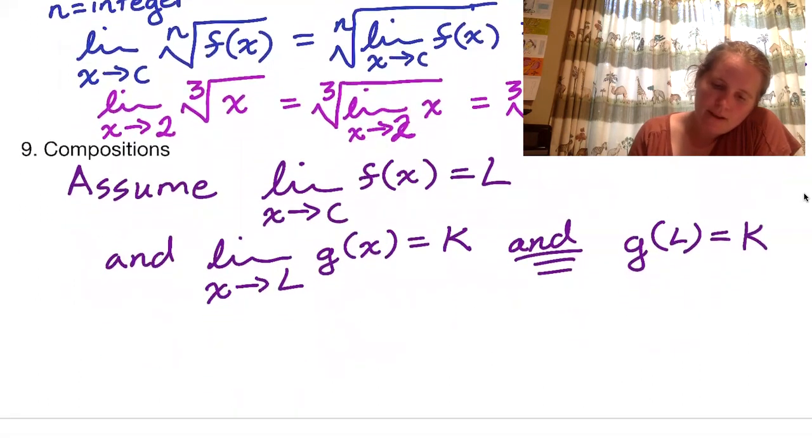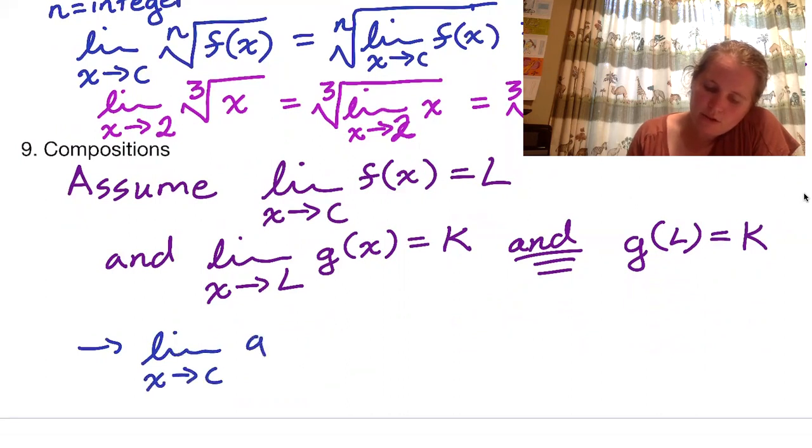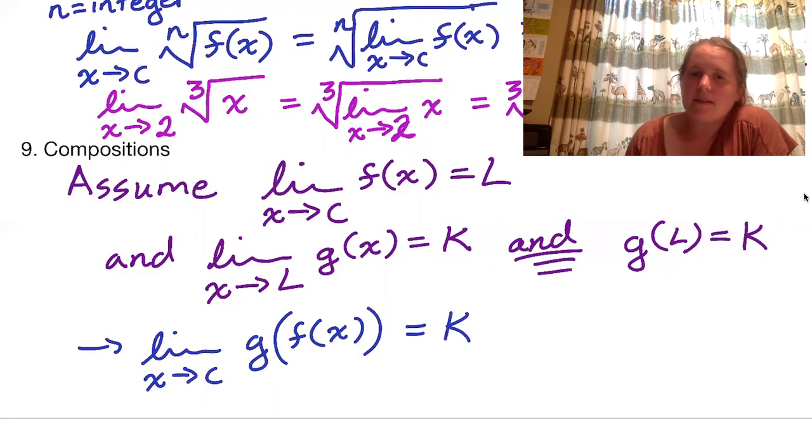Then what we wind up getting is that the limit as x approaches c of g of f of x is k.